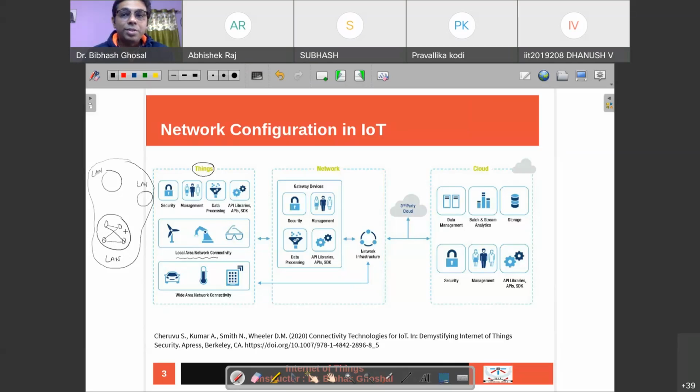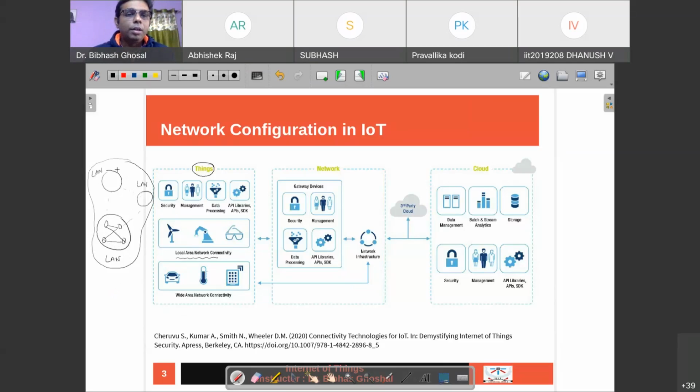All of these can be sensors or wireless sensor nodes, and all of them can be connected via some kind of wireless communication method. They form a wide area network. Right, so your objects or smart objects, they either can be in a LAN or they can form a WAN, whatever it is.